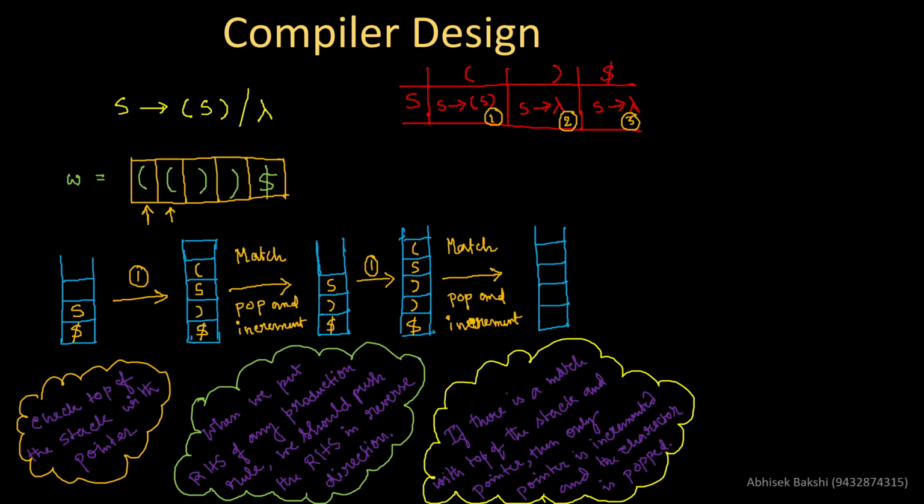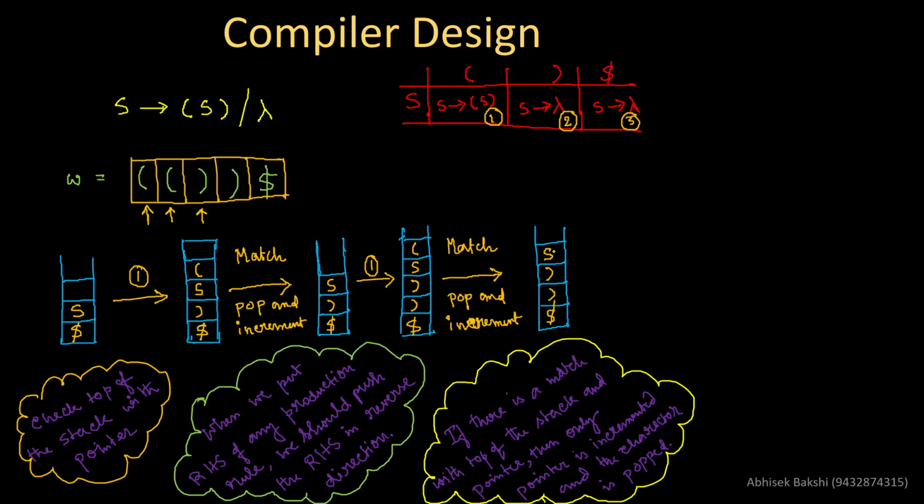Like this. And you see the content of the stack will be something like dollar, followed by closing brace, followed by another closing brace, and followed by S. Now see, after doing this, obviously pointer will be incremented, so pointer has been incremented once.